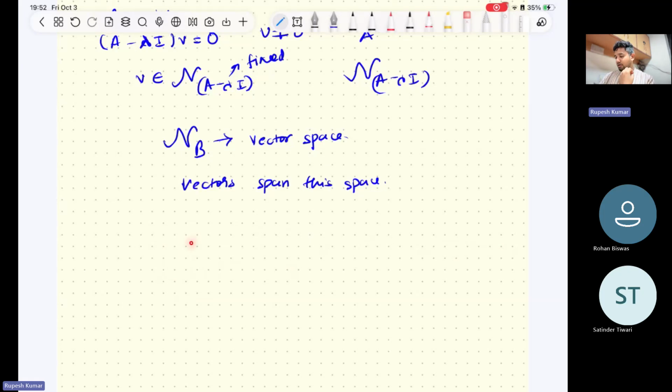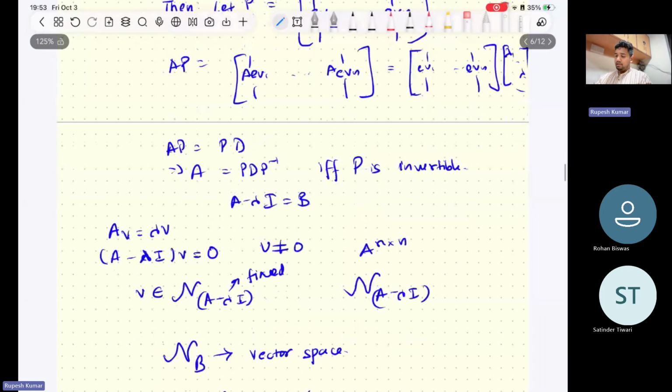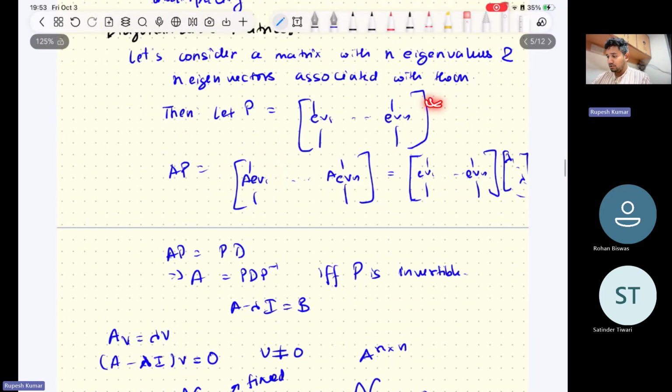Then we will see what defective matrices are and why they cannot be diagonalized. Then we will see the relation between AM and GM, and the proofs, to check whether what you are claiming is true or not. I'm just saying, from a basic brute force way: if I want to write the matrix as PDP inverse, you want the P matrix to contain the eigenvectors as its column vectors.